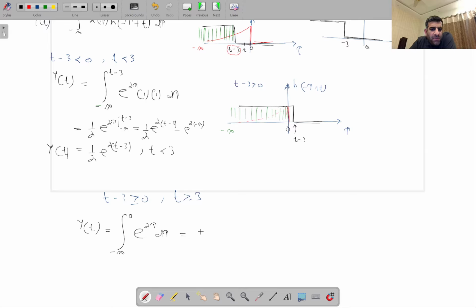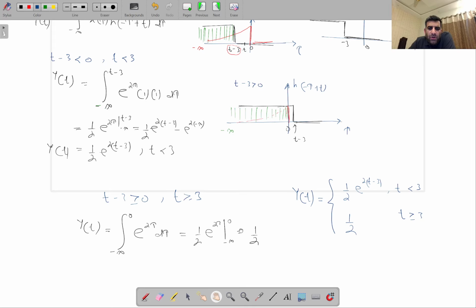And now if you solve it again, the answer is going to be 1 upon 2 e raised to power 2 tau, from minus infinity to 0, and this is going to give you the answer of 1 upon 2. Okay, so finally the convolution result is y of t equal to 1 upon 2 e raised to power 2 t minus 3 for t less than 3, and then for t greater than or equal to 3, the answer is 1 upon 2.